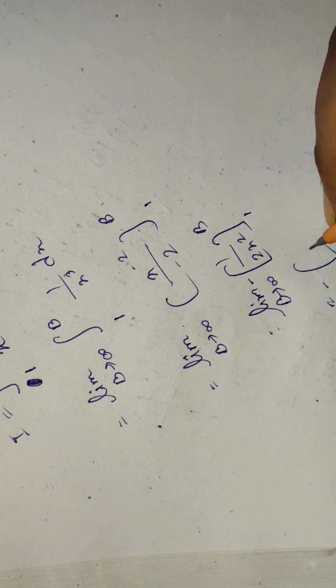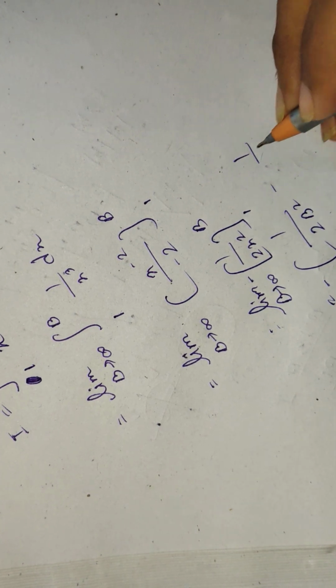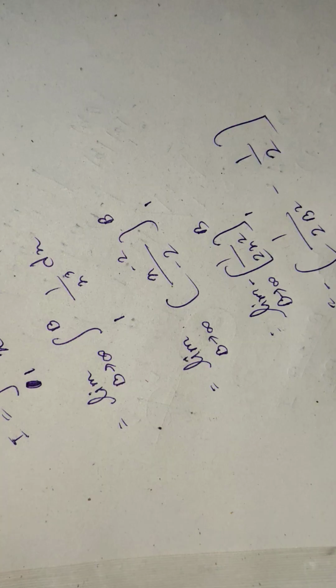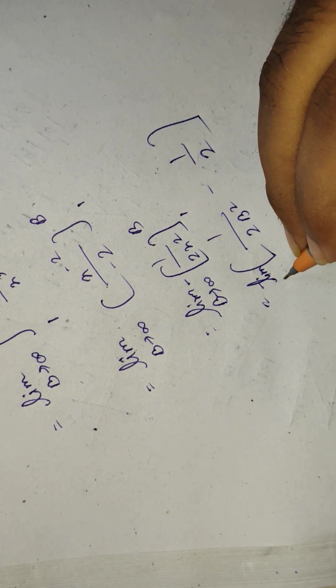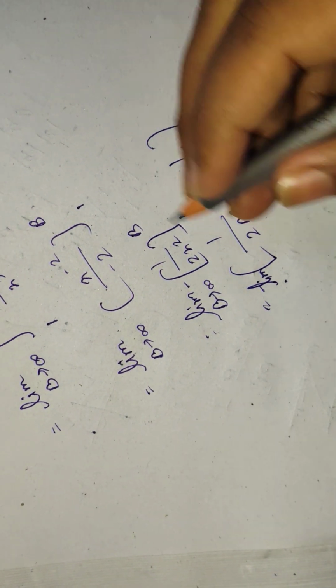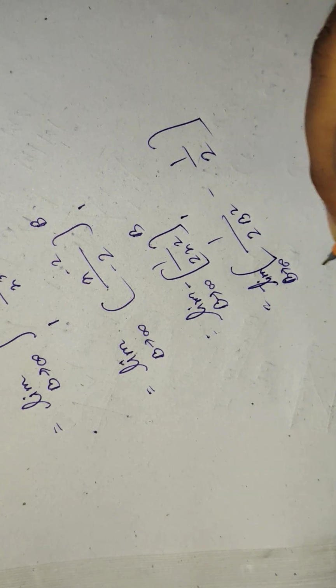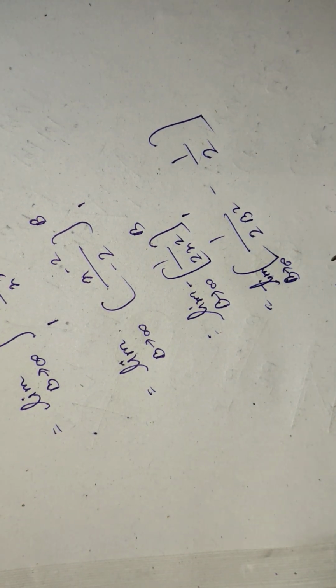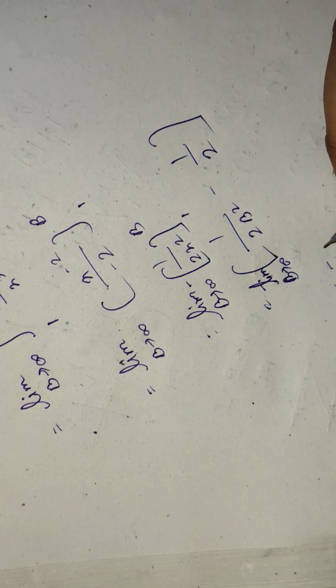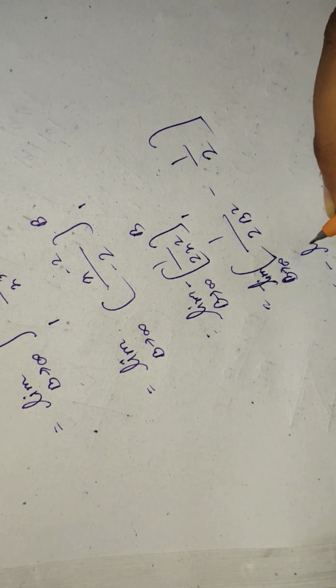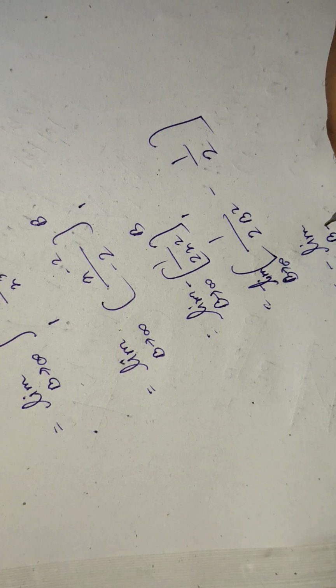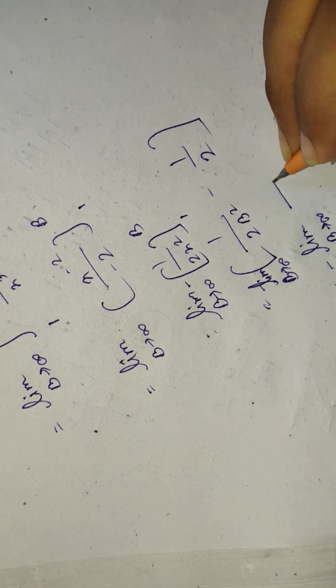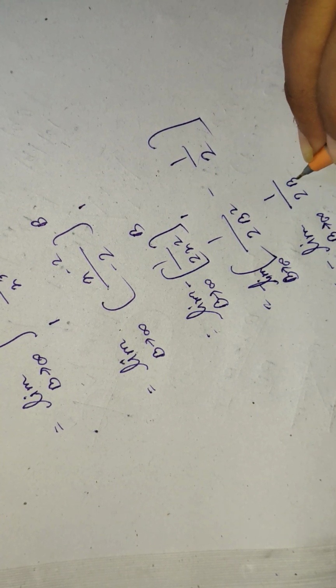This is minus, this is 1 by 2b square minus 1 by 2, with a limit. Now basically this is limit b tending to infinity of minus 1 by 2b square plus half, right?